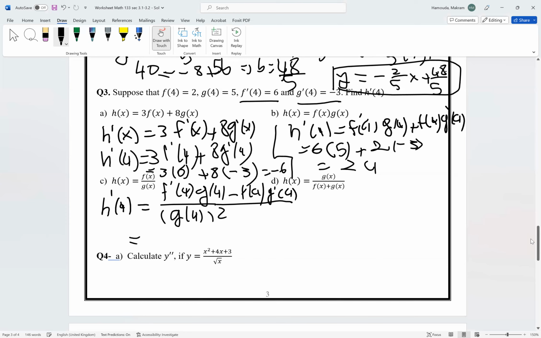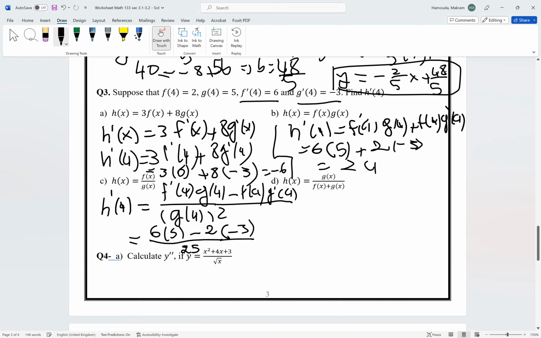And now we substitute. Let's start with the denominator. G of 4 is 5. So it's 5 squared, 25. Okay, and then in the numerator, f prime of 4, 6 times g of 4, which is 5, minus f of 4, which is 2, times g prime of 4, which is minus 3.